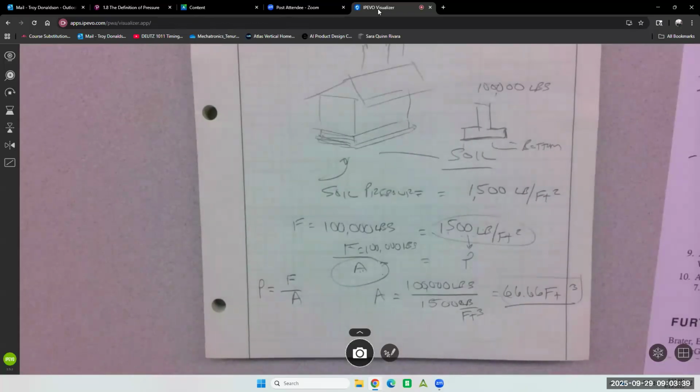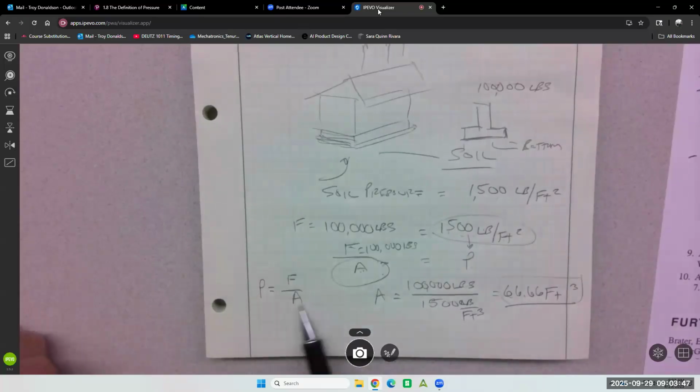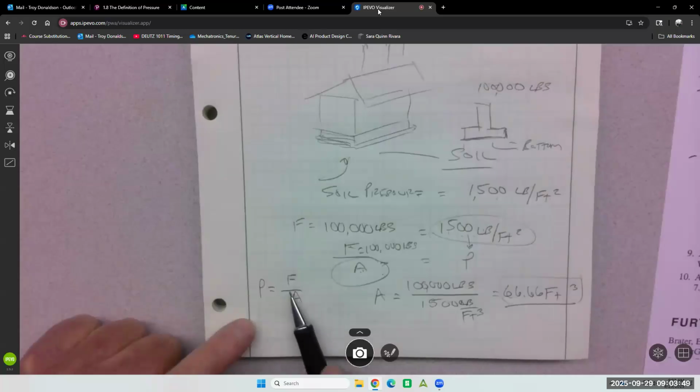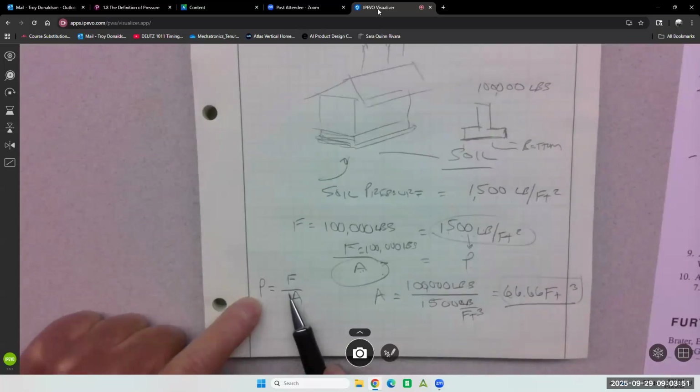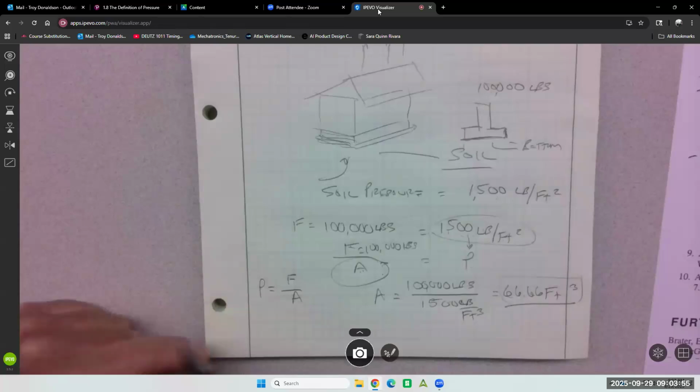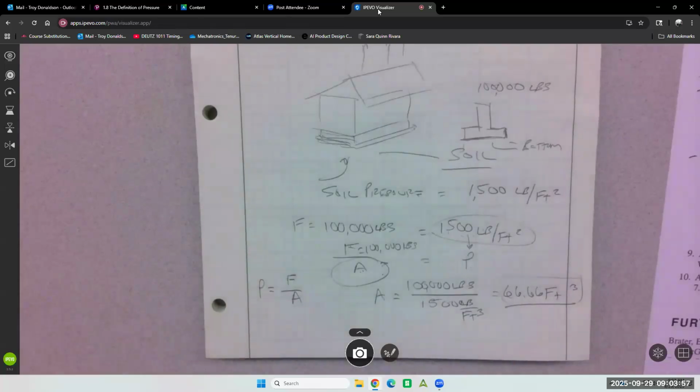If I know the force and the area, I can come up with the pressure, and then maybe I could compare that to some table. But this equation, pretty fundamental. We use it a lot. Does that make a little bit of sense?